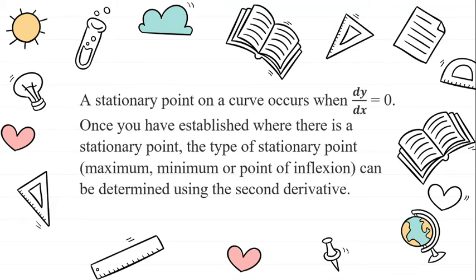A stationary point on a curve occurs when dy divided by dx equals 0. Once you have established where there is a stationary point, the type of stationary point, maximum, minimum, or point of inflection, can be determined using the second derivative.